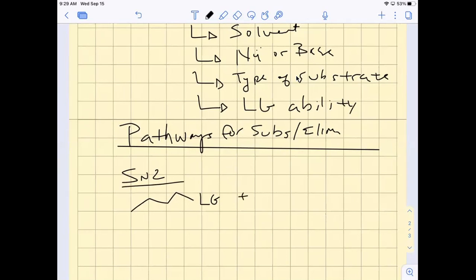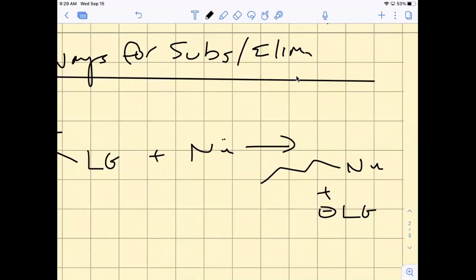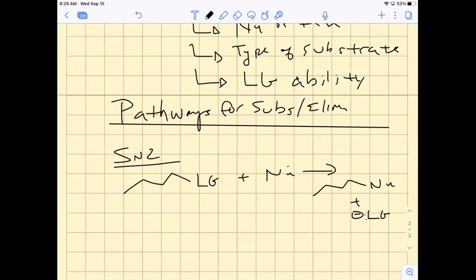I'm going to react it with some nucleophile. And then my product, the nucleophile, is going to replace the leaving group. That's a basic Sn2 type substitution.